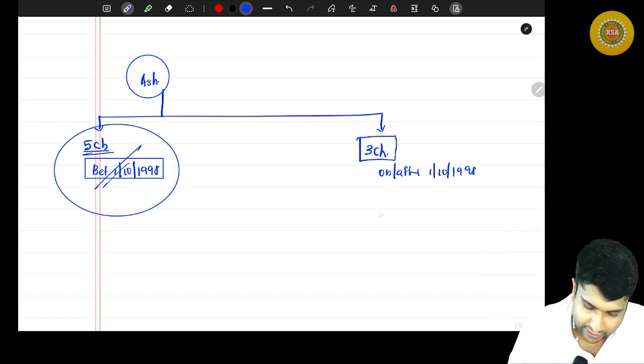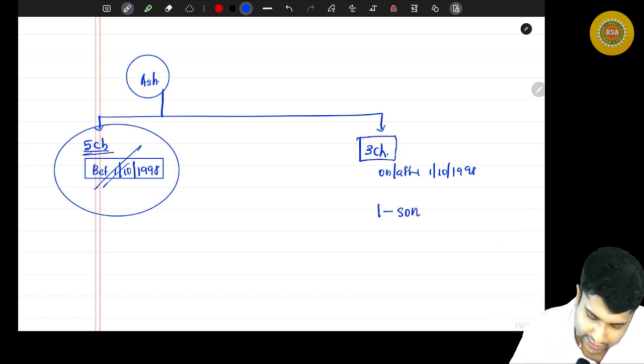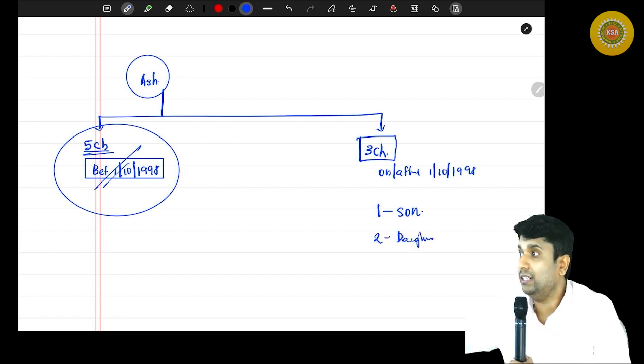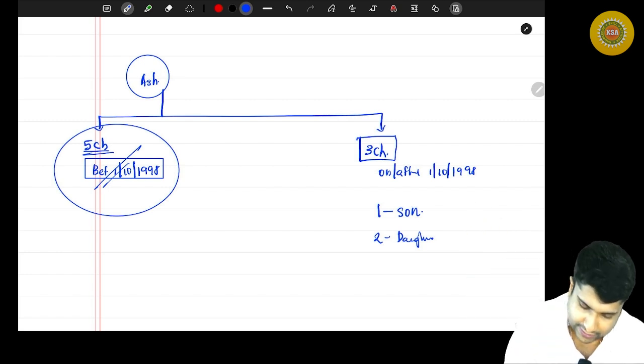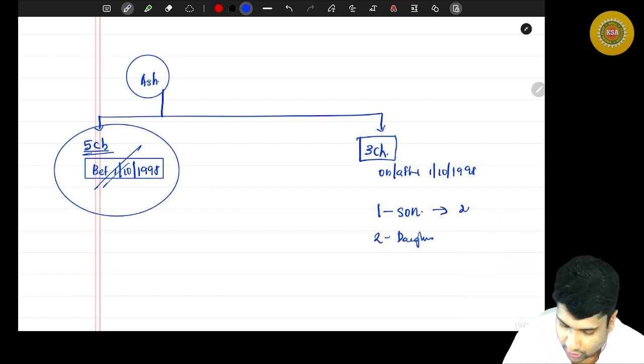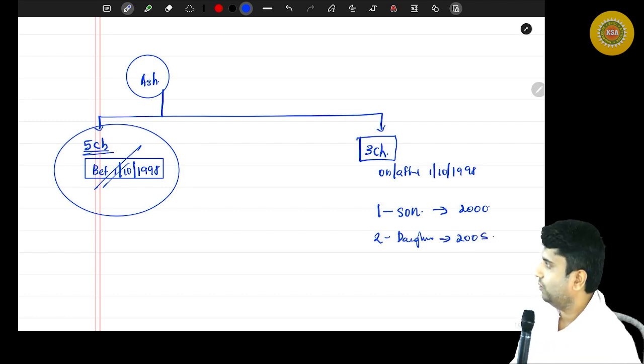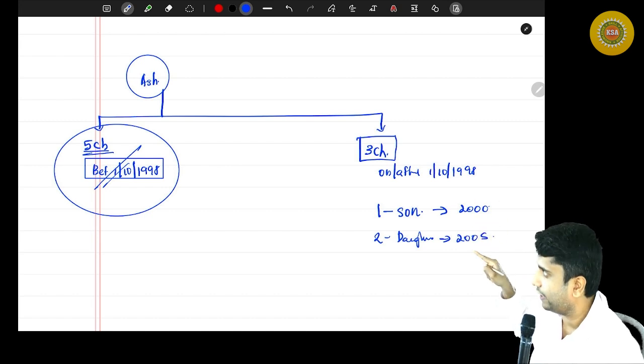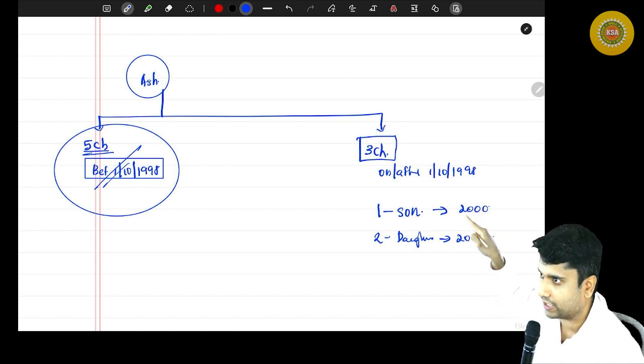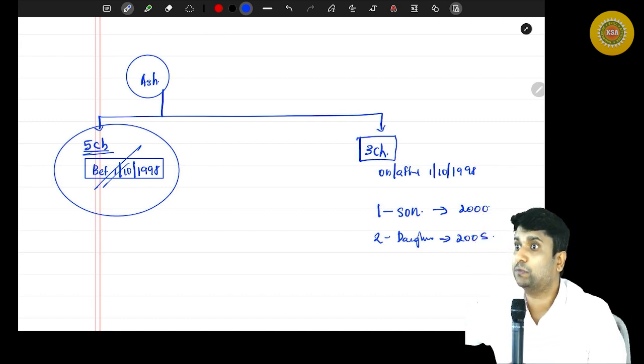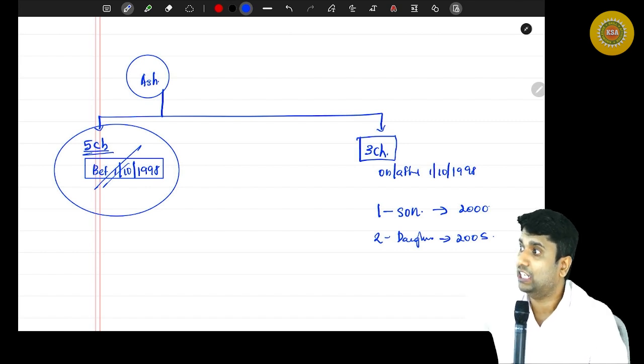Out of this 3, one son and then 2 twin daughters. Say the son was born in 2000 and the daughters in 2005. So the firstborn is the son, and thereafter he has twins.